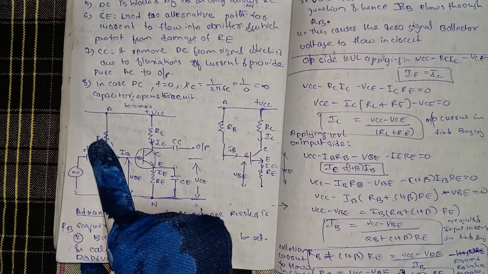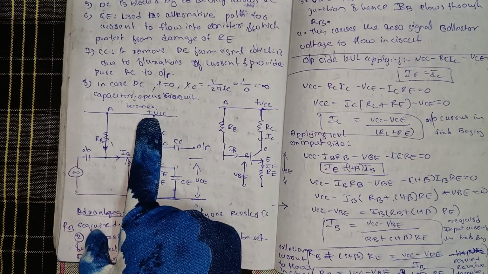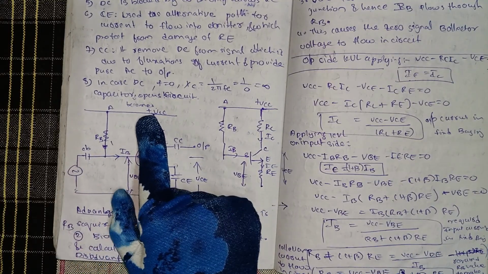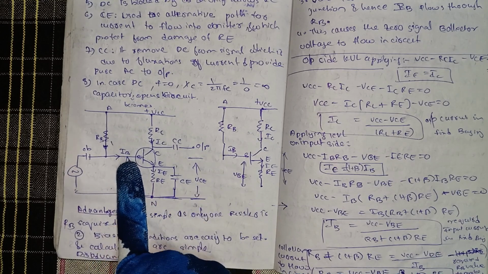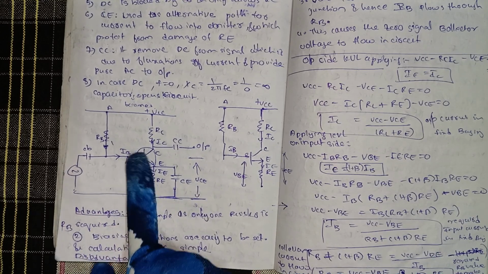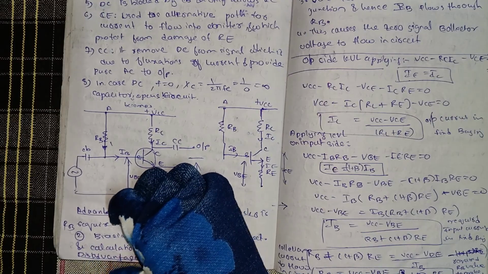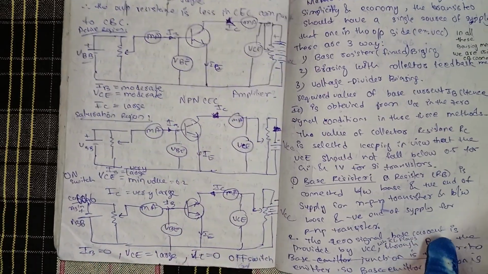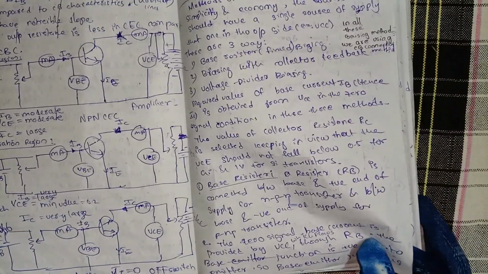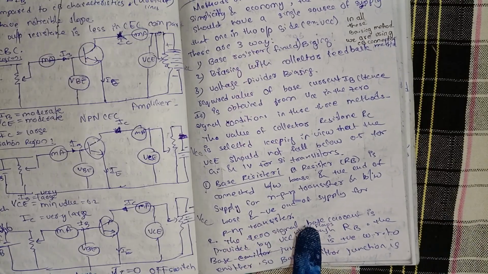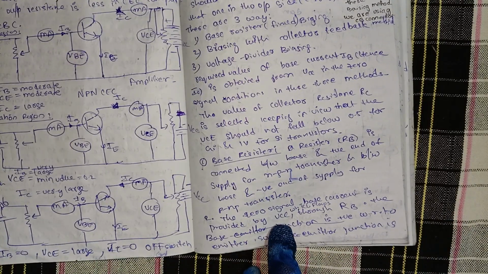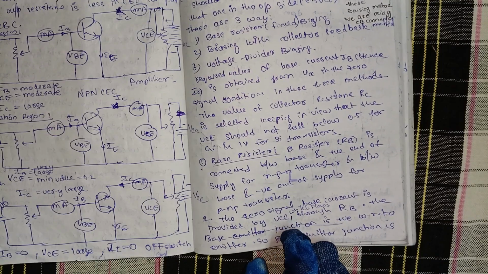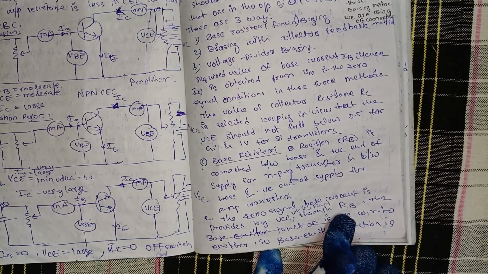Here we can see the RB resistor is connected between the positive end of the supply voltage VCC and the base of the transistor. Then the zero signal base current is provided by VCC, which flows through RB.